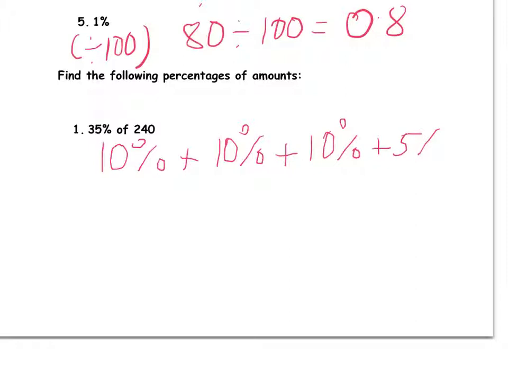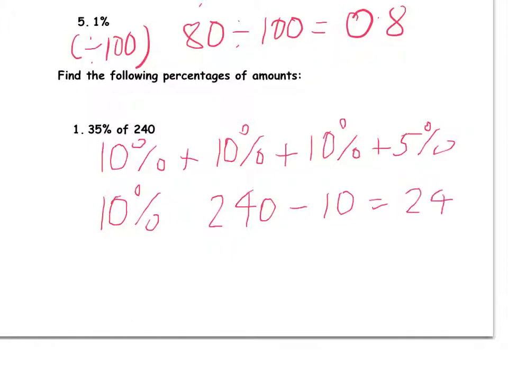So to find 10% of 240, you divide by 10. So 240 divided by 10 is 24. Now, we want 30% because we want 3 lots of this. We want 10, 20, 30%. So we're just going to times what we just found by 4.